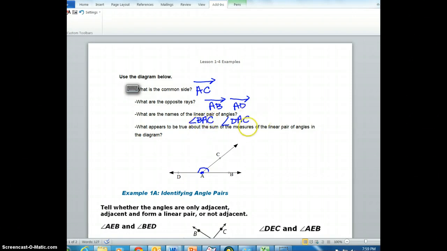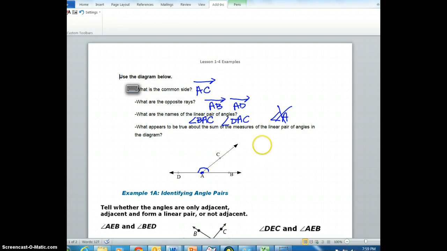The second angle could be named angle CAD. However, we could not just use the name angle A in this picture because there are actually 1, 2, 3 angles that could be considered angle A. That's not specific enough. We have to use all 3 points.